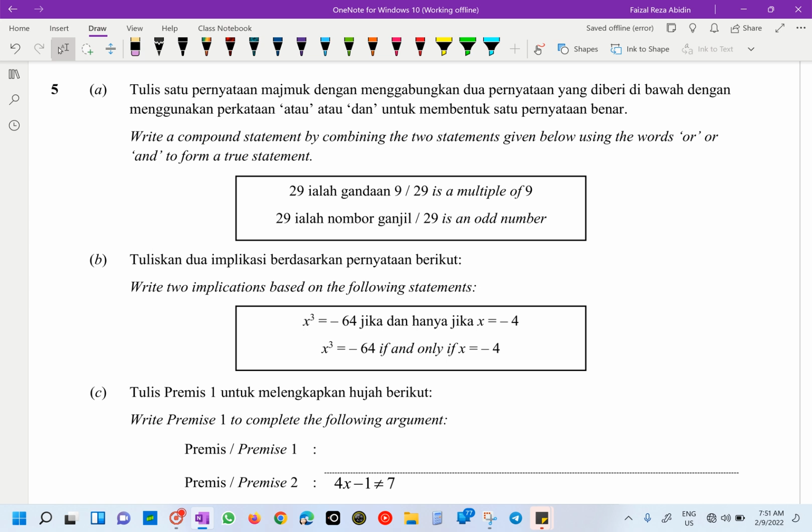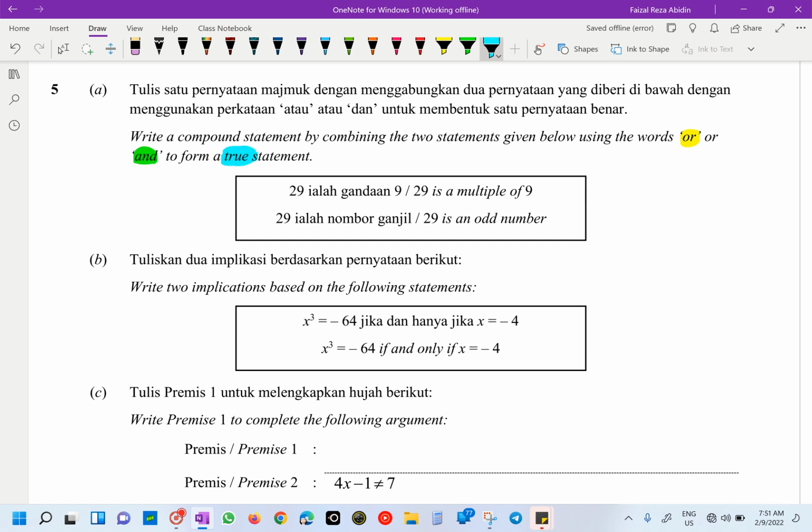Mana satu cikgu? Salah satulah. To combine that one, we have to use either one, or, and, to form a true statement.